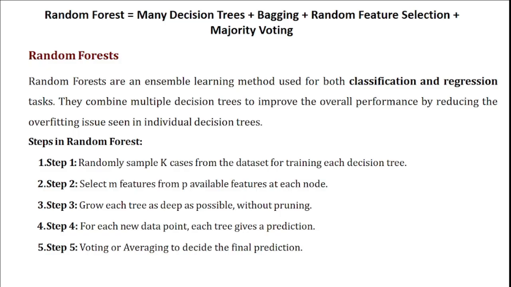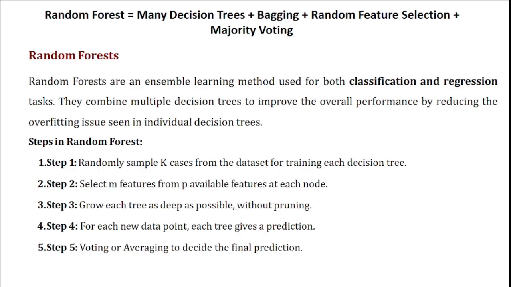Let me assume you have p available features. Out of the p features, we are going to choose only m features. In numerical terms, if there are 5 input features, we are going to choose only 3 features at each node. And step number 3, grow each tree as deep as possible without pruning.